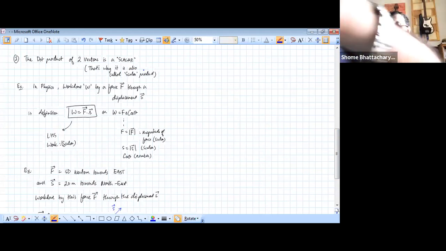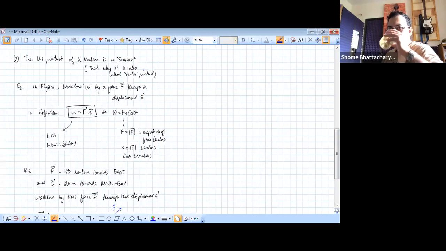So note down this point in this example, please. Okay, so this example is actually showing you the definition, the correct definition of work done.